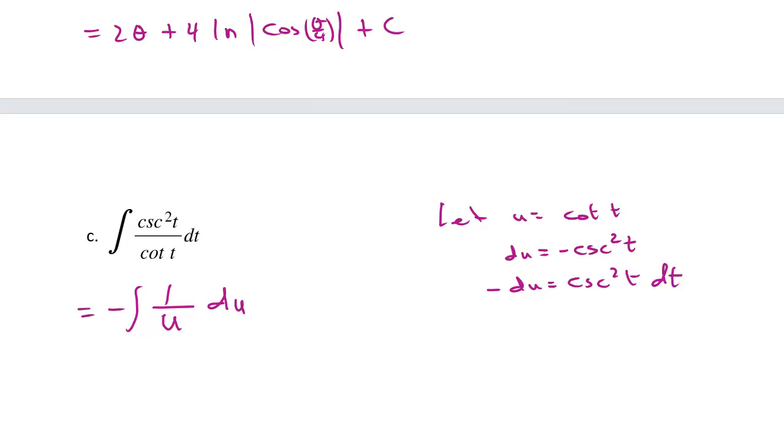And that's just going to be negative natural log of cotangent t.